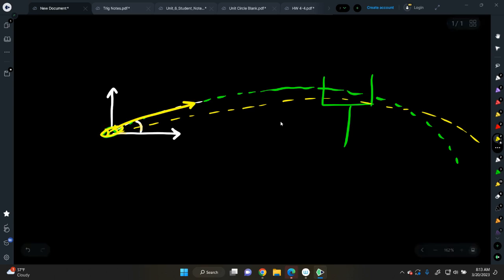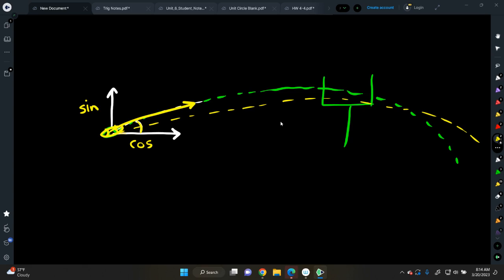And then we would break it down into its horizontal component. So we would take the cosine of that angle, and we would break it down into its sine to find its vertical component.